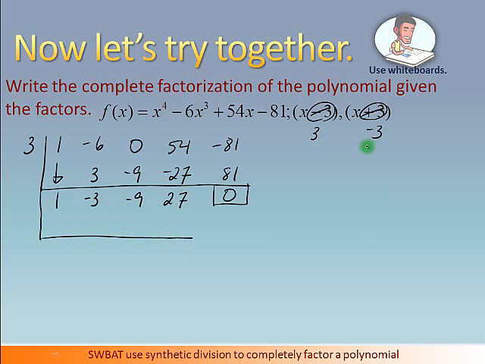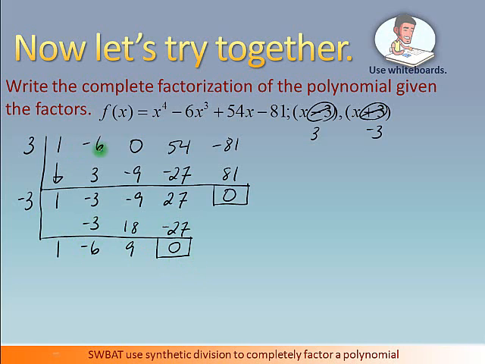Now I'm going to use a negative 3 because it must also go into this new polynomial. I know my remainder must be 0, and let's go ahead and make sure it does. Bring down the 1, multiply, it's negative 6, multiply, it's 9, negative 27, and it gives me 0.